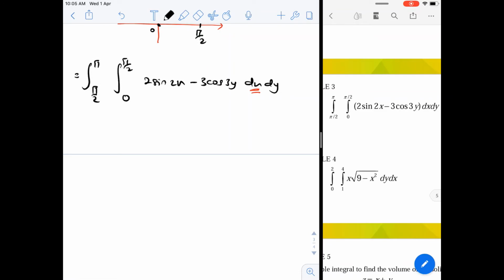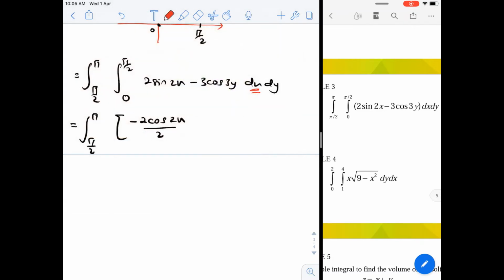So we will have integration from pi over 2 until pi. Okay, integrate 2 sine 2x. Integrate 2 sine 2x, we will get negative 2 cos 2x over 2. Okay, and then now integrate negative 3 cos 3y.